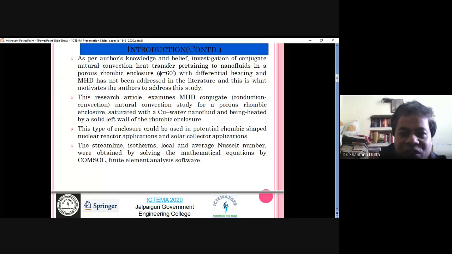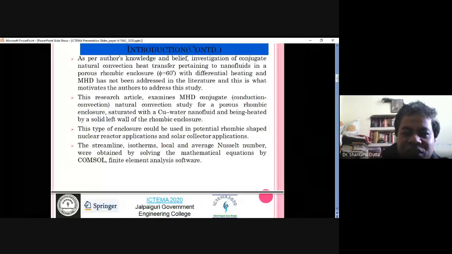It is subjected to differential heating, and simultaneously MHD has also been applied along the cold wall. This makes the problem a bit complicated. The rhombic enclosure inclination has been chosen to be 60 degrees, and accordingly we solve for the streamlines, isotherms, and local and average Nusselt number by using COMSOL finite element analysis software.